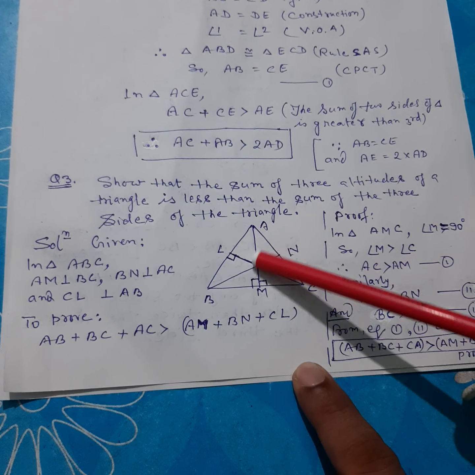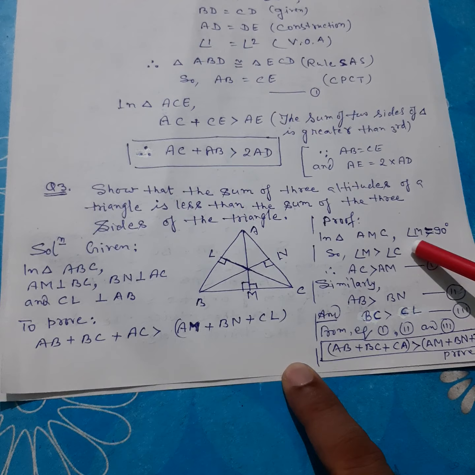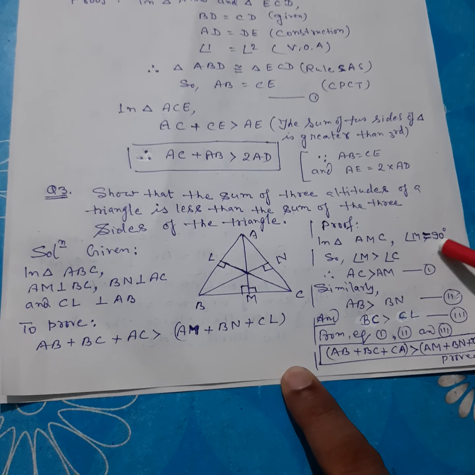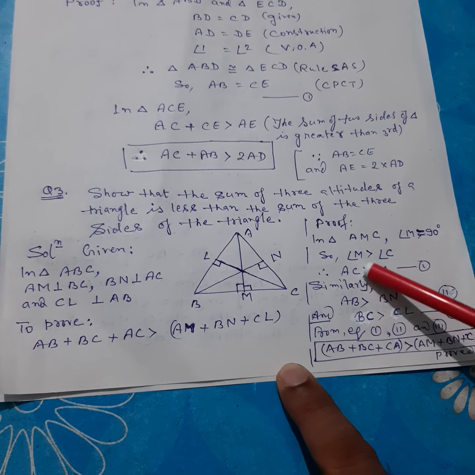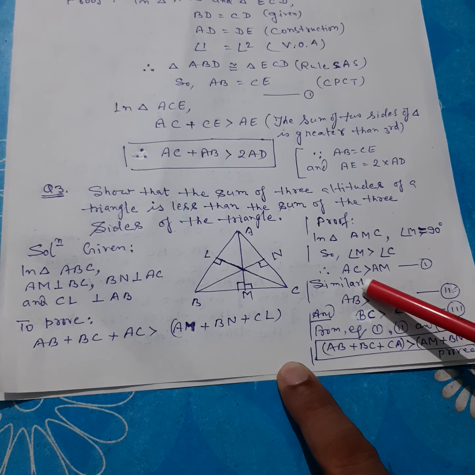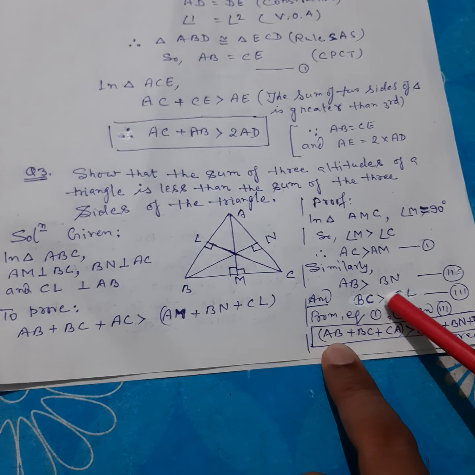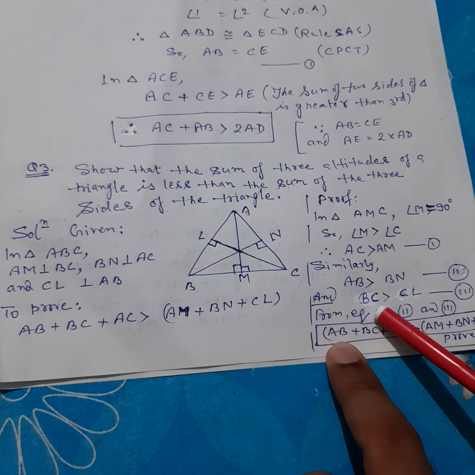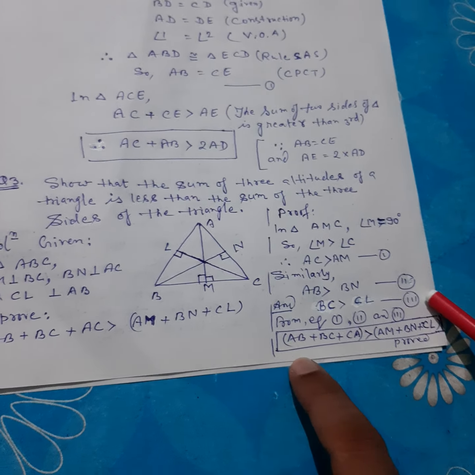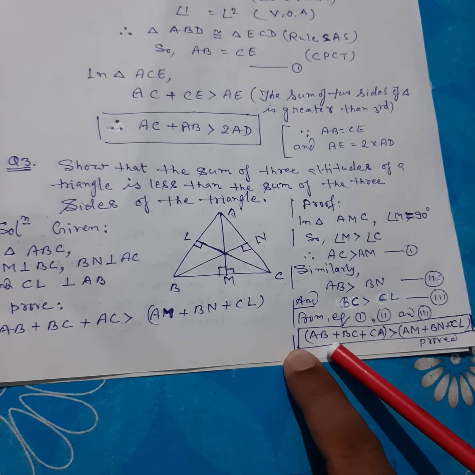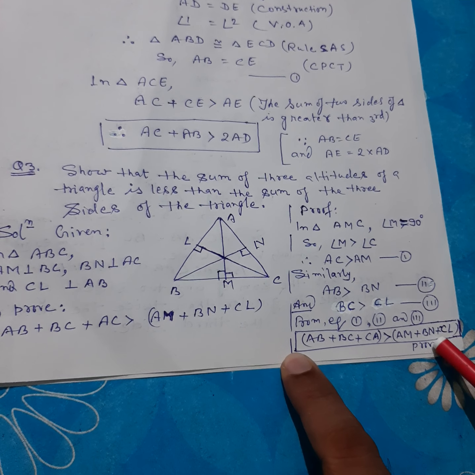Now in triangle AMC, angle M equals 90 degrees, so angle M must be greater than C. The side opposite M, that is AC, is greater than AM. Equation 1. Similarly, we can write AB greater than BN and BC greater than CL.